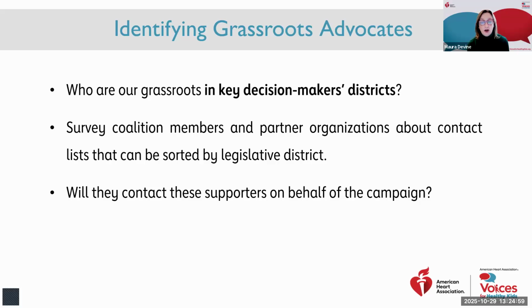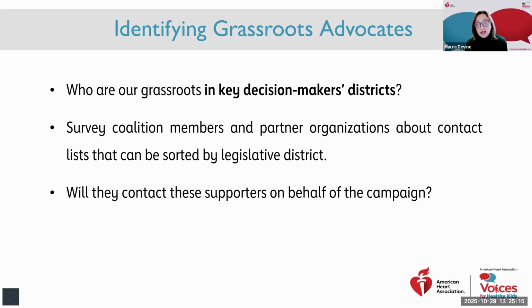So you want to make it a priority to identify grassroots advocates from key decision makers' districts. This includes adult voters, local businesses, local nonprofits, and even students, which are sometimes overlooked but are a very powerful voting bloc.